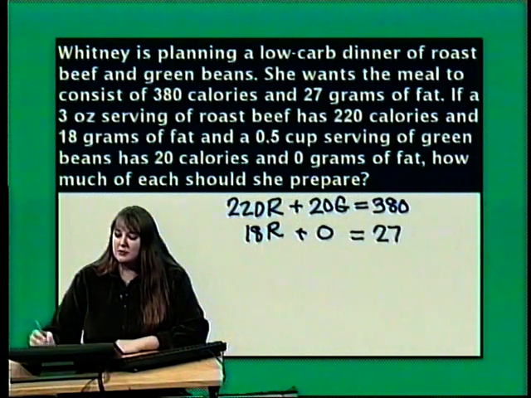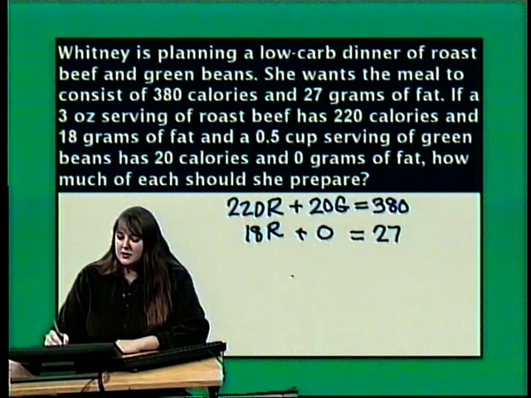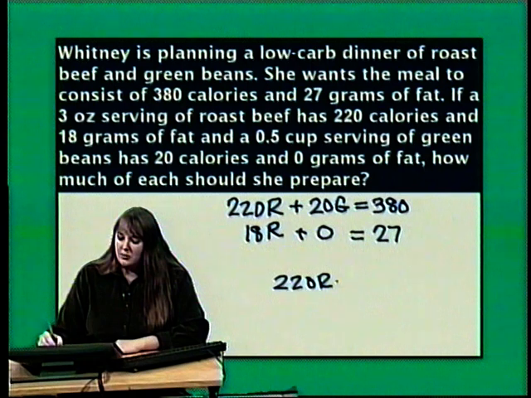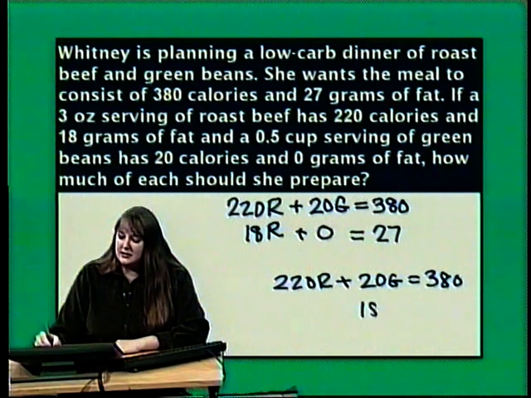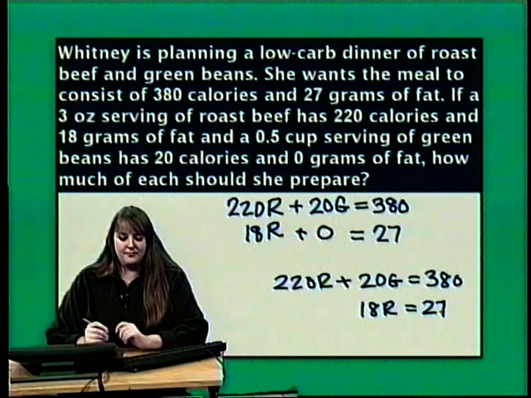She wants this total to be only 27. So our system of equations is really 220R plus 20G equals 380, and 18R equals 27.